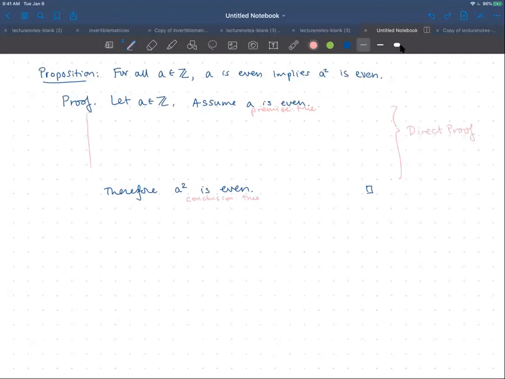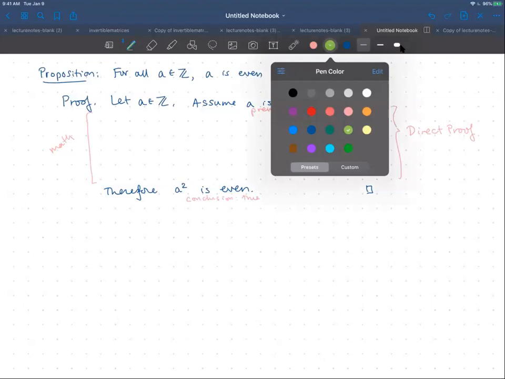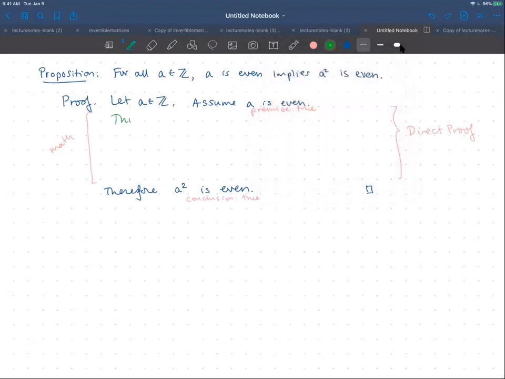And what's going to happen in the middle is that's where the math goes, right? So I use the fact that A is even to get down to a point where I can show that A squared is even. So let's do the math in here. Let me get a slightly darker color. Well, being even, this means that A is equal to 2k for some integer k. That's the definition of even. It's divisible by 2. It's 2 times some number.